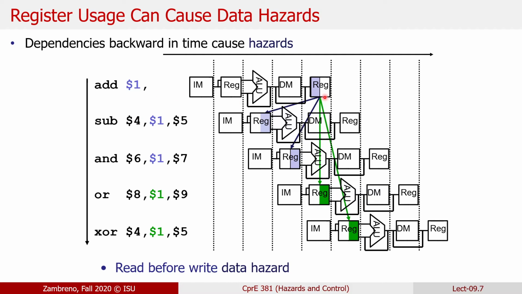The same would be the case, because the arrow is still going backwards in time here, for that AND instruction as well. You can make a bit of a hand-wavy argument and say, well, if we are updating our register file in the middle of that cycle, and we have until the end of this cycle, which is global clock cycle 5 here, to read from the register for that OR instruction, maybe that's okay. Maybe it just winds up working out just fine.